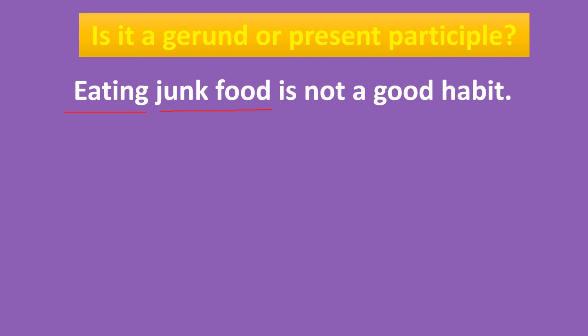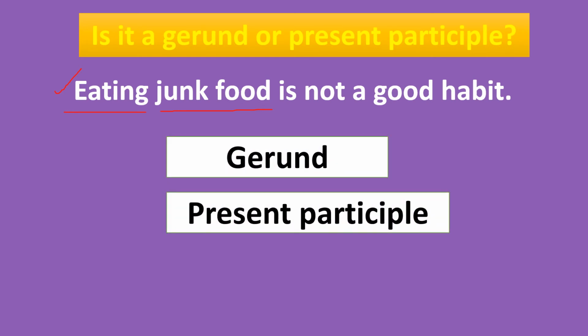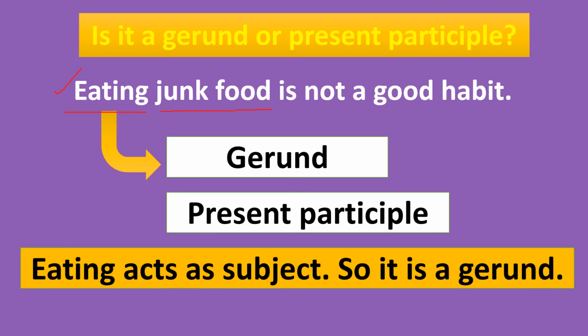So eating is acting as subject of the sentence. When an ing form acts as subject of the sentence, that ing form is named as gerund. Okay, so eating is a gerund or a present participle? It is gerund. Why? Eating acts as subject, so it is a gerund.